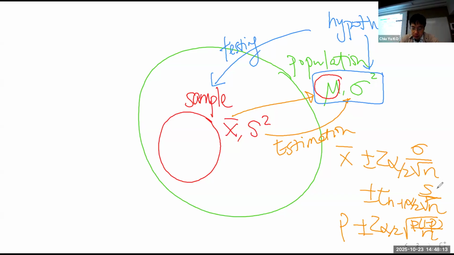So these are important. Also, later you will see when we run regression and ANOVA, we estimate the model and we want the model to be useful. We want to check whether the model parameter is 0 or not. So these are very important tools. Or later you will see A/B testing.